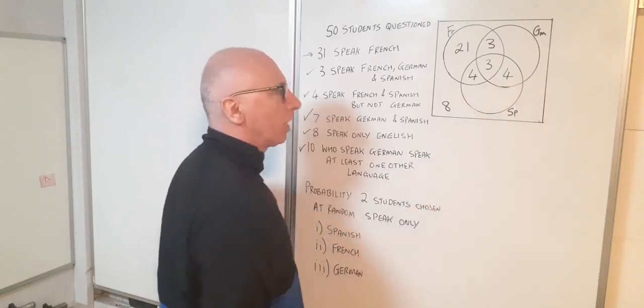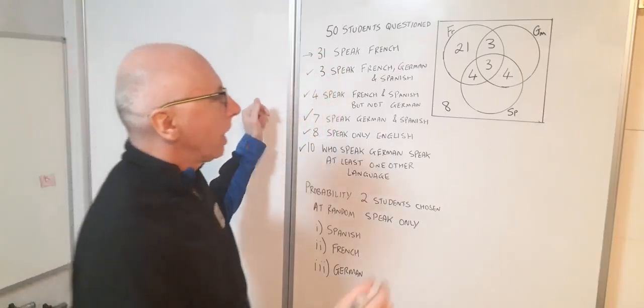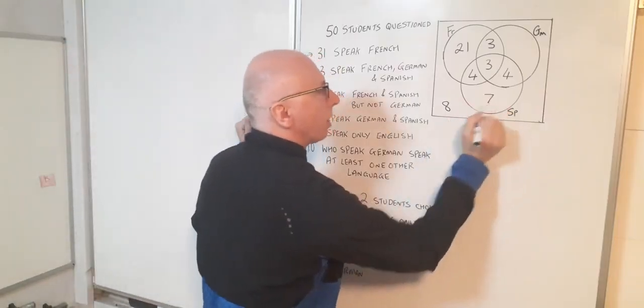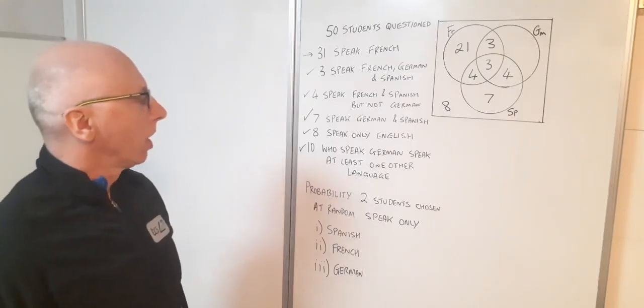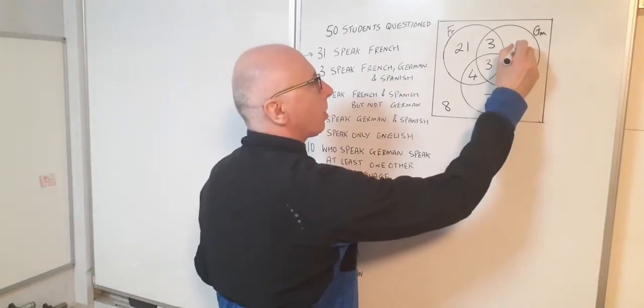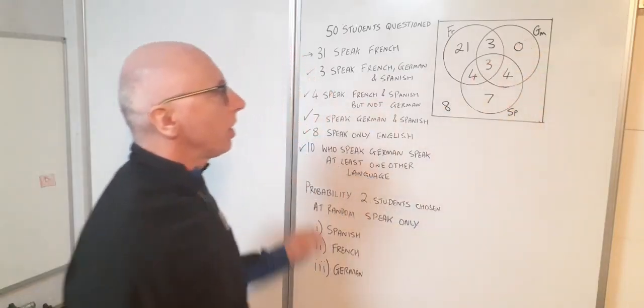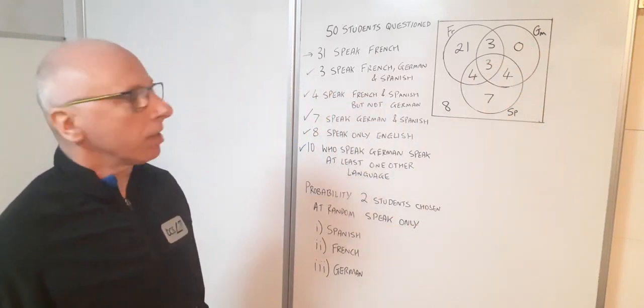That's 43. So there's 43, but there's 50 students in total. So it leaves me a space of 7. So that's going to leave me 7 speaking Spanish only. Now with all that, I know there's nobody who speaks German only, so I can put my 0 in there. So that completes the whole Venn diagram.